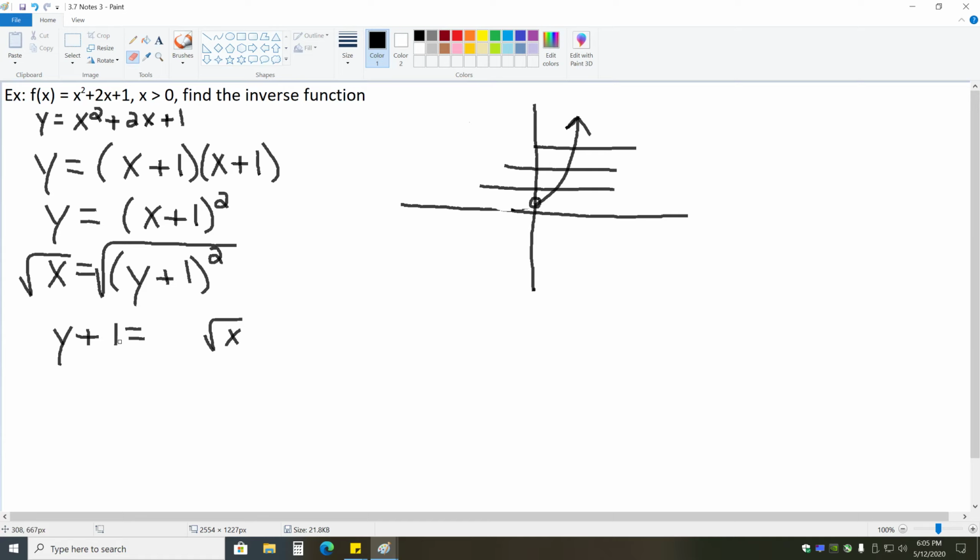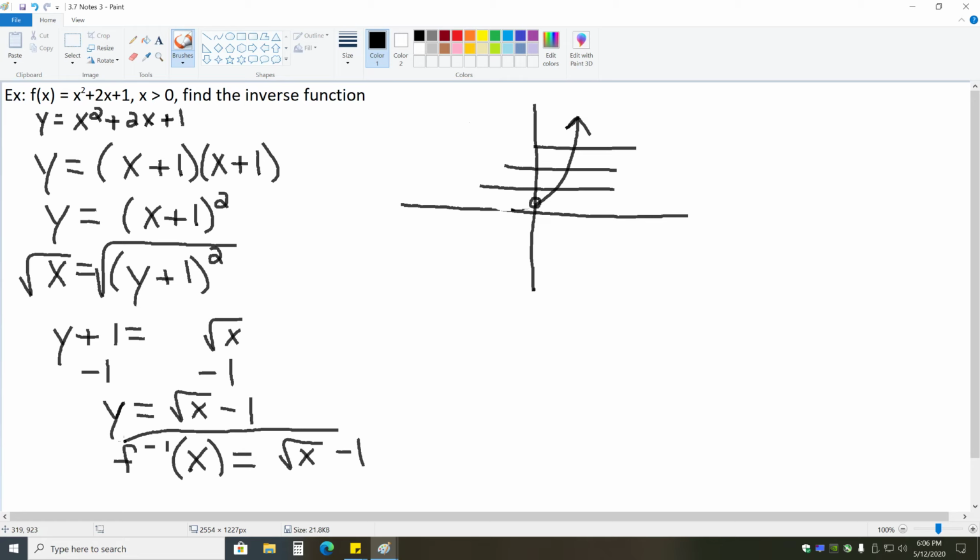So that means y plus 1 is equal to just the positive square root of x, and when we subtract 1 from each side, we get y equals the square root of x minus 1. We have only one y for each x. We're not repeating x values, that is. So f inverse of x is equal to the square root of x minus 1.